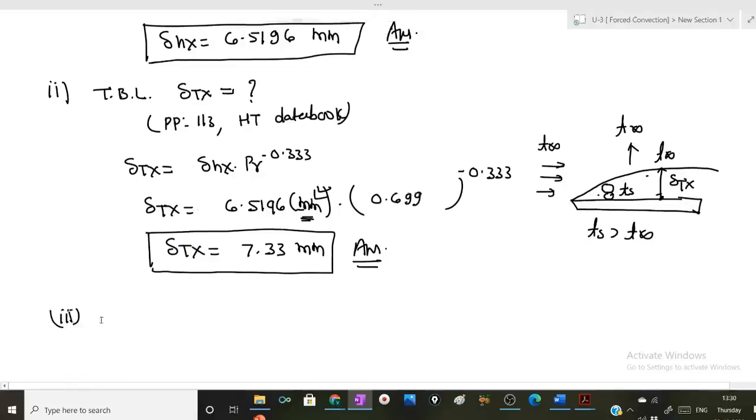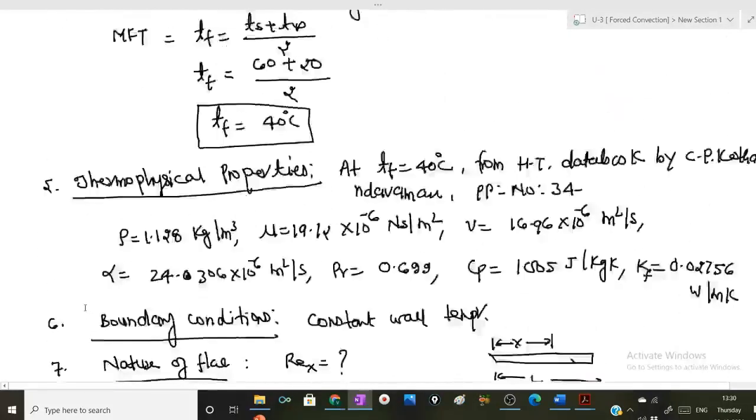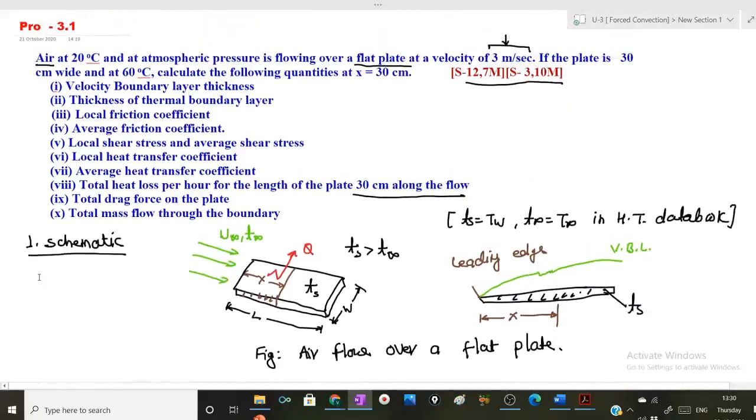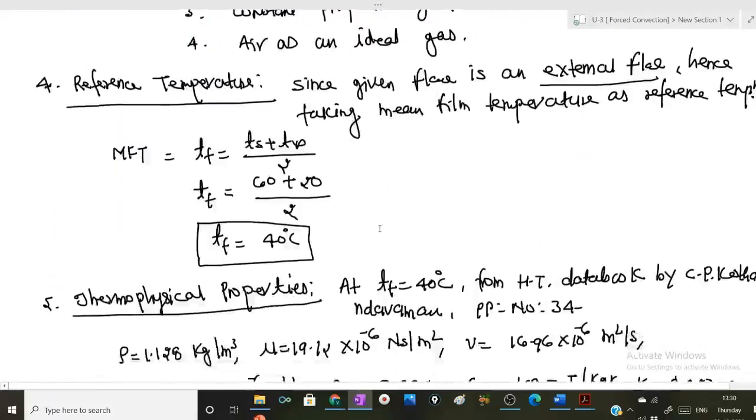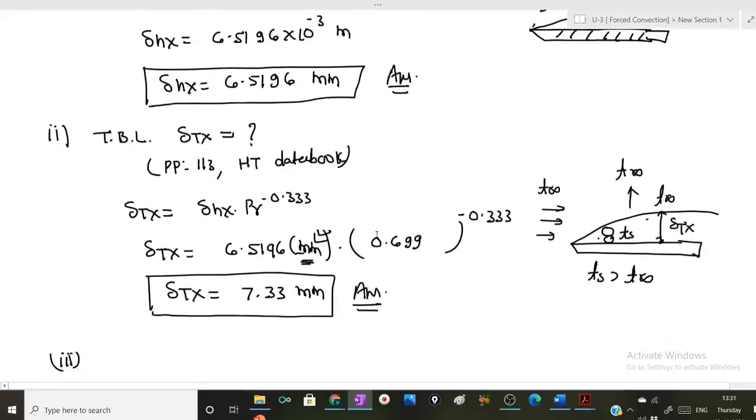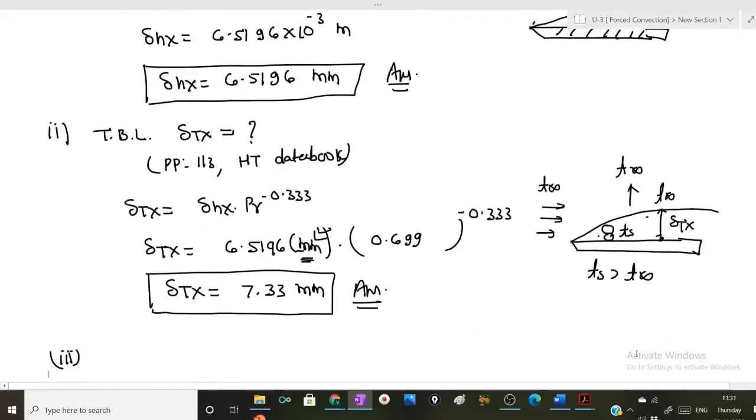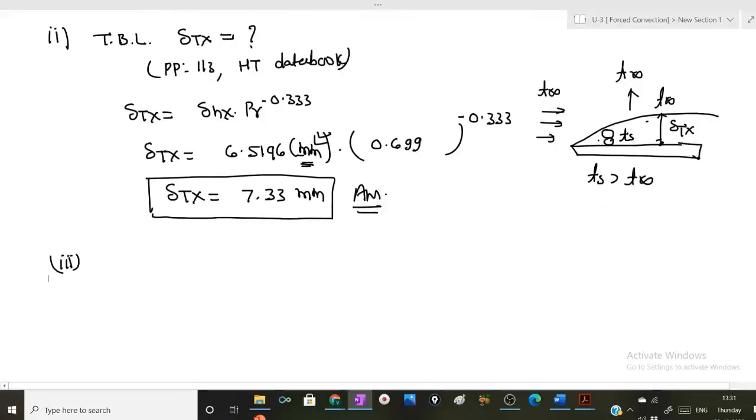Then number 3. Number 3 is local friction coefficient, and number 4 is average friction coefficient. So once again refer to the data book, same page number. Local coefficient of friction we are supposed to calculate.